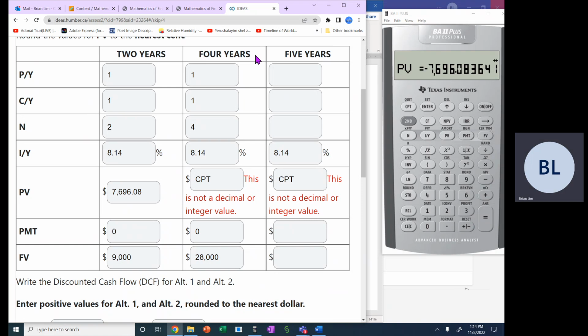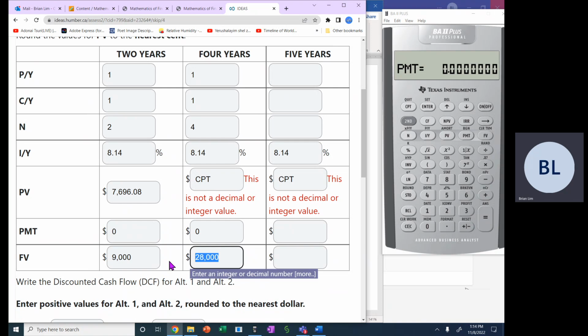This computation now is for 4 years. So what will change? Well, this number right here is the number that will change. Everything remains the same if you go back in. PY is 1, CY is 1, and we are very happy. So now, after 4 years, 4 second N is 4. IY should remain the same, 8.14. Payment should also be 0.